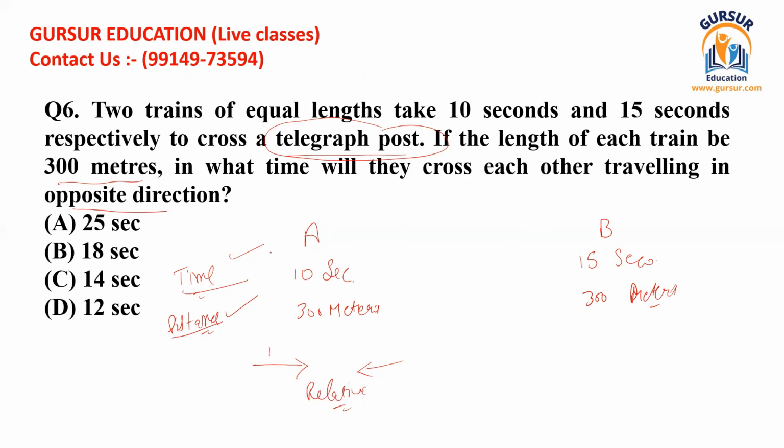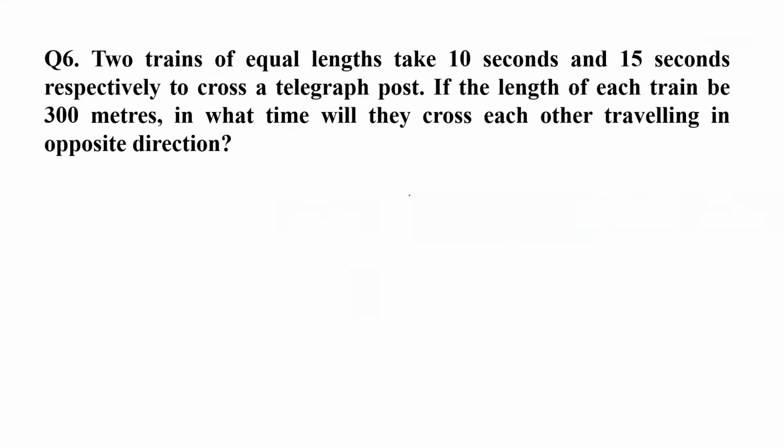But with the help of distance and time you can easily find the speed, because the formula of speed is distance divided by time. Now I'm just going to make two divisions of this page.